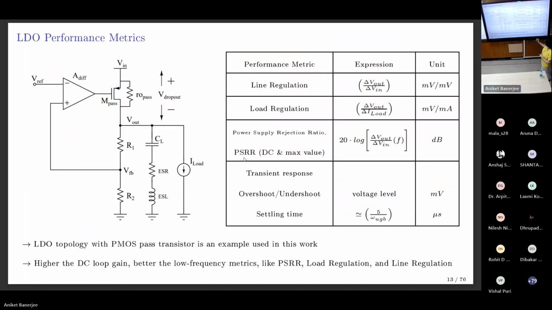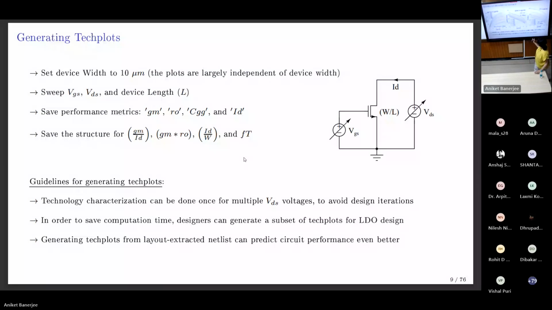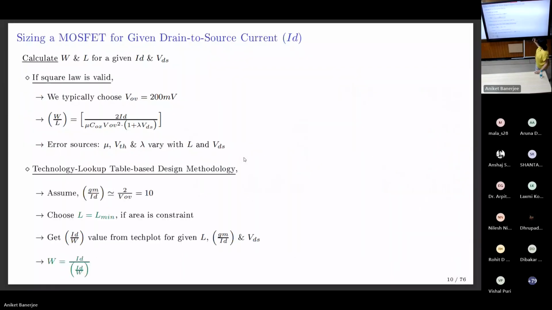Here the intuition was if I increase the width, I get the current, or the overdrive voltage is a knob. I think the word intuition I will translate to the word knobs, and then the word knobs to technology plots. In order for us to understand knobs, it takes time.